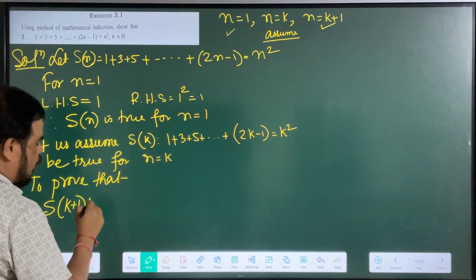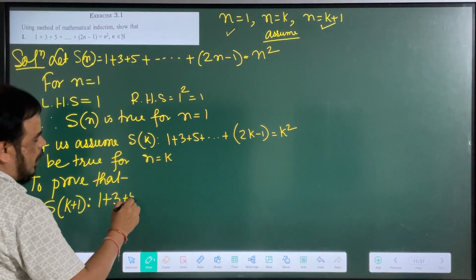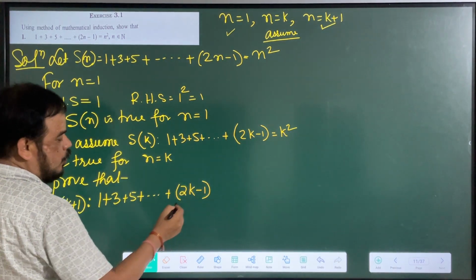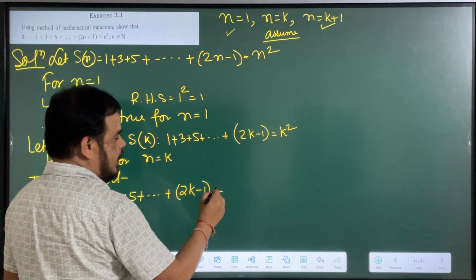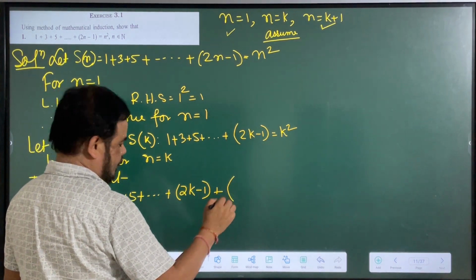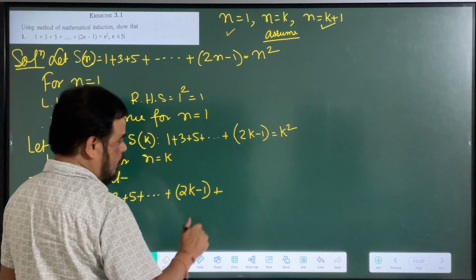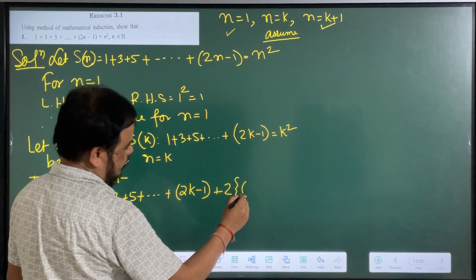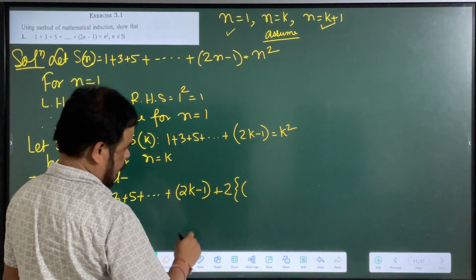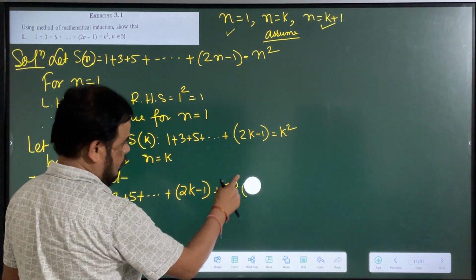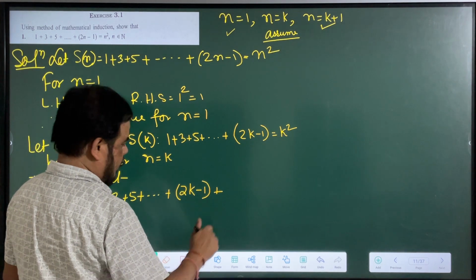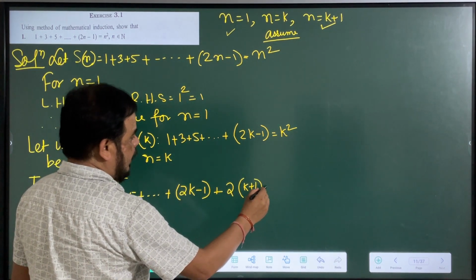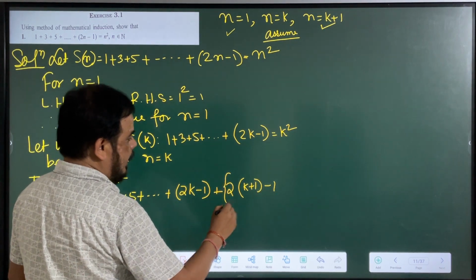So same thing, this one we will write first: 1 plus 3 plus 5 plus ... plus 2k minus 1, plus its next term will be 2 into k plus 1 minus 1.